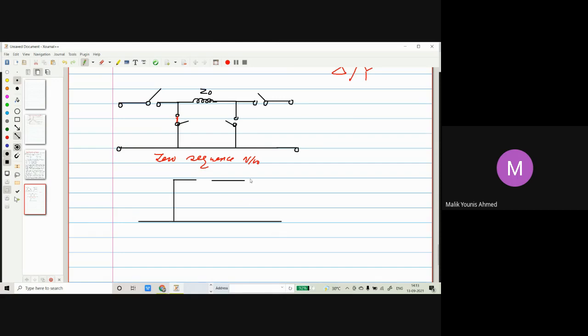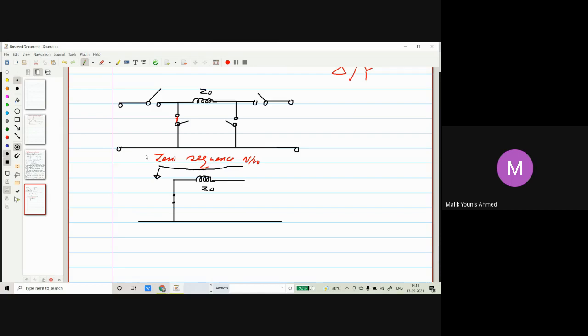Here it's open, no need. Here it's open, so no need. So it is enough for me to draw it like this. It is very clear that in this case the primary winding is delta and the secondary winding is star. So this is your zero sequence network for this combination.